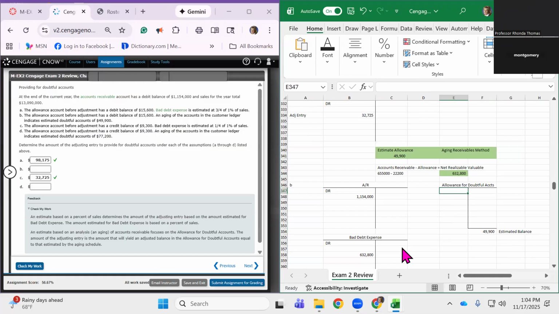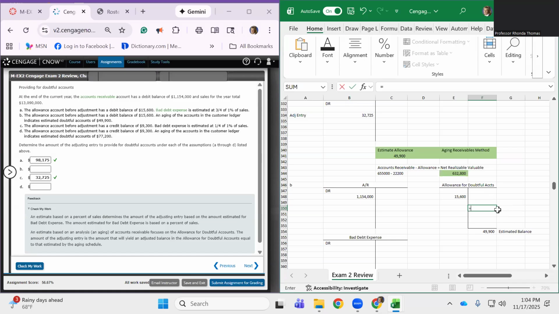So before we go any further, let's see what the balance is starting with. It has a debit balance of $15,600. So here it is sitting here, $15,600. How much is it going to take to bring it back over to this side, and then it balances to 49,900? That's going to be your adjusting entry. You're going to need to add those two together.